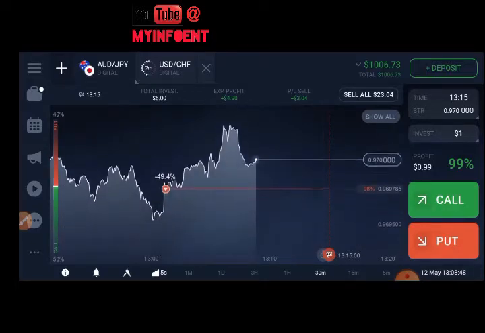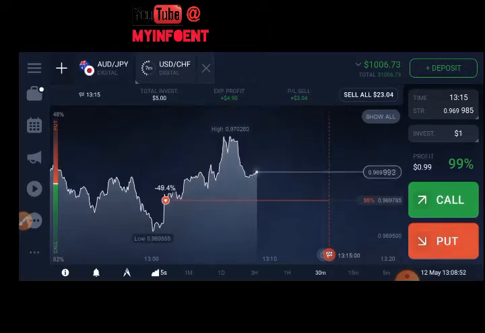The trade I just did, the probability is not that high. That's why I decided to use the three-step martingale strategy to invest 5% of my total capital. If the probability is high, I would have used the two-step martingale strategy to stake 10% of my total capital.